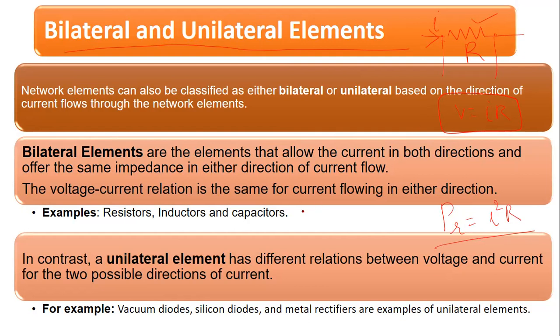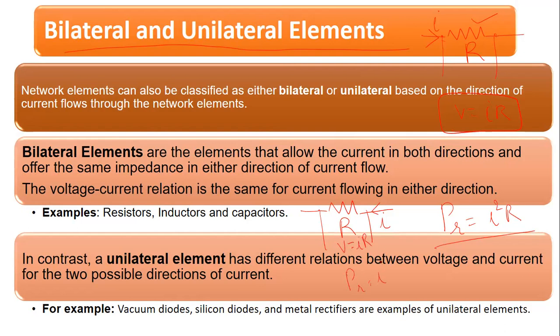Now, for example, if we take the same resistance and the current reverses its direction, tell me how much voltage will come across it? V is equal to I R, this same voltage will come. What will be the power dissipated?